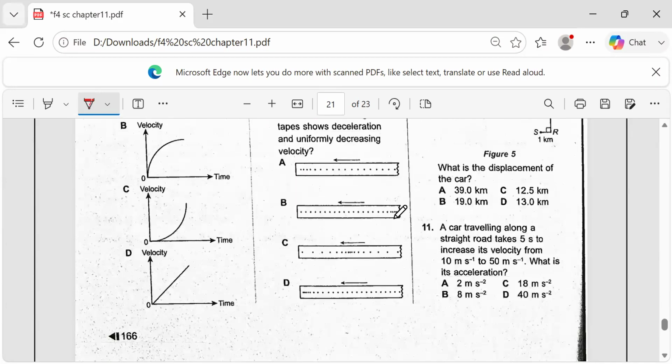This one. Okay, so from here it's going uniformly decreasing.